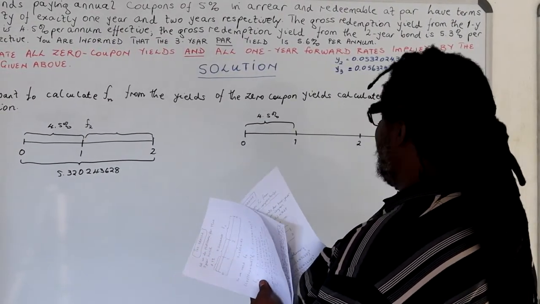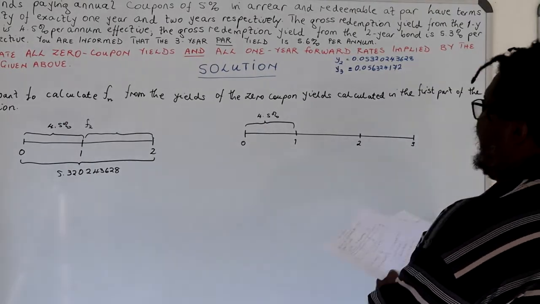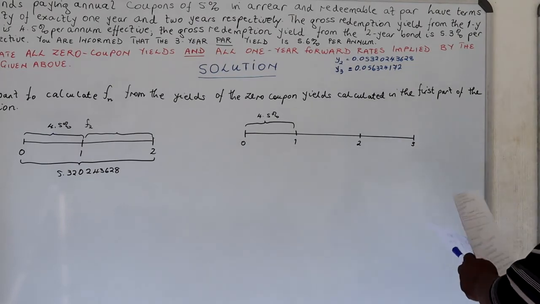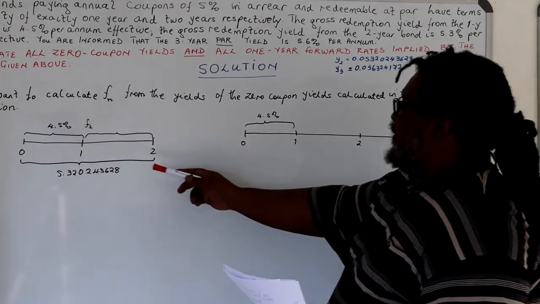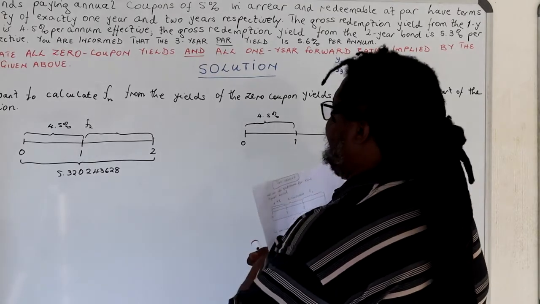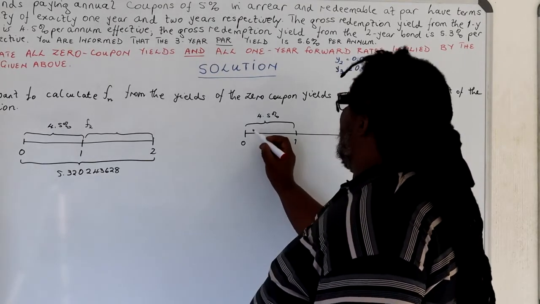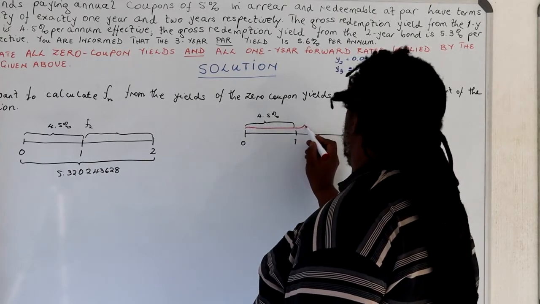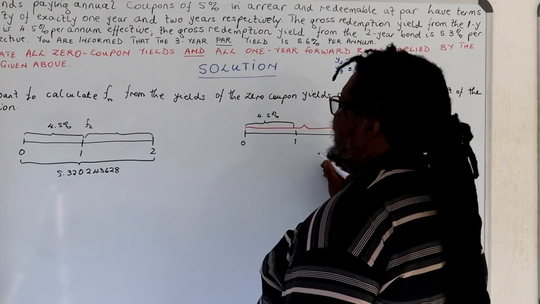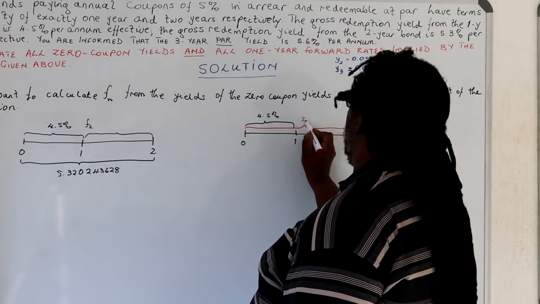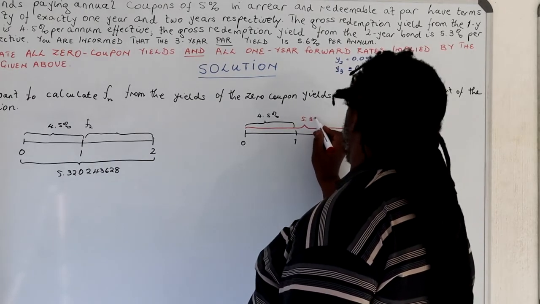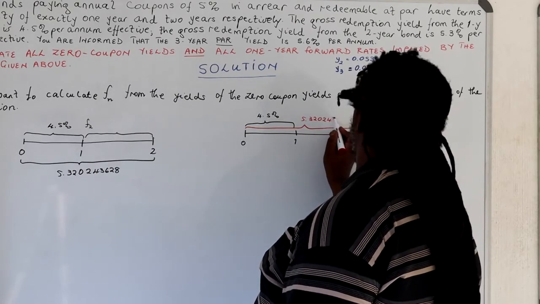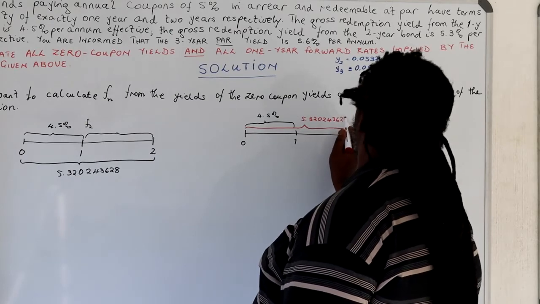And here, let me use a different color so you can appreciate the difference. And then we know that the 2-year spot rate is 5.3202 43628.